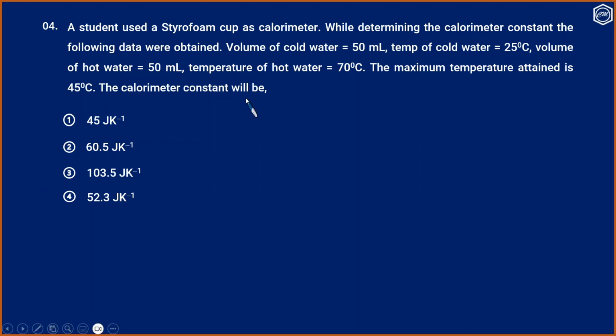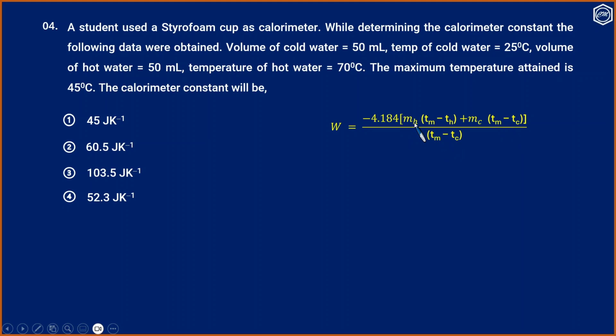Since this question is a numerical one, we have to find the answer by calculation. We know that the calorimeter constant is given by the equation W equals minus 4.184 into [mH(Tm minus Th) plus mC(Tm minus Tc)] divided by (Tm minus Tc).